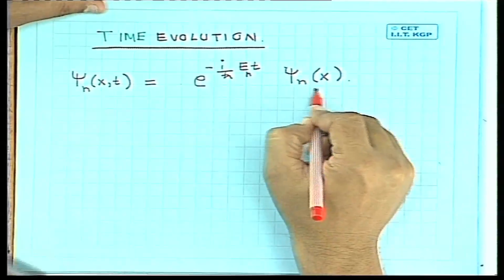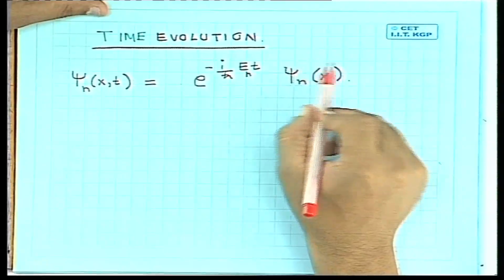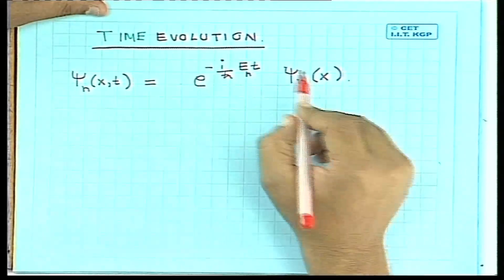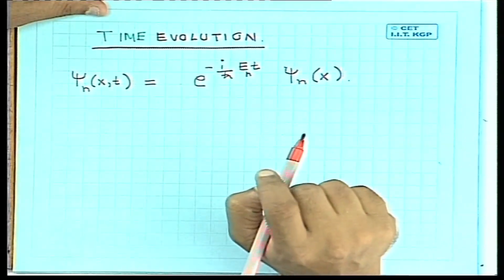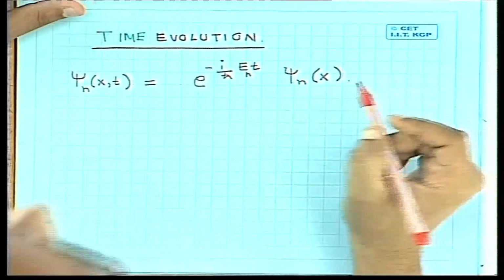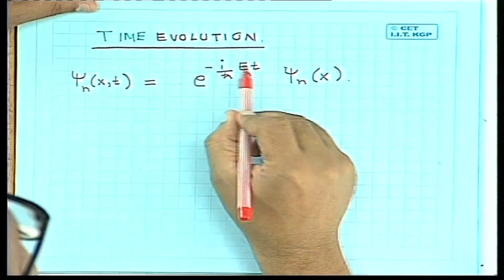So psi n of x are the wave functions which we have been finding till now. These were the time independent part. If you want to look at the time evolution of these wave functions, I had shown earlier that these are called stationary states, and the time evolution is just the change in the phase, and the phase keeps on changing as e to the power minus i by h cross, the energy into time.